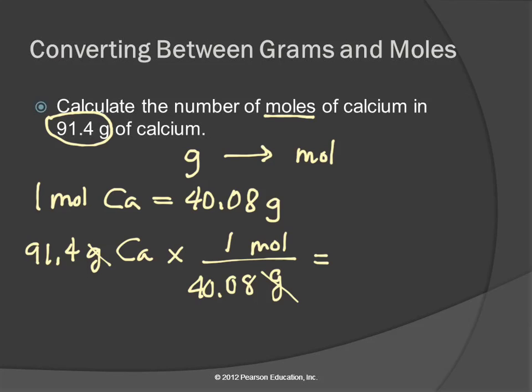So we get 91.4 divided by 40.08. My calculator shows me a big long mess, but I'm going to look at my sig figs. This is three significant figures, and this is four. And so I'm going to round my answer to three significant figures. It's going to be 2.28. And the unit that's left is moles of calcium.